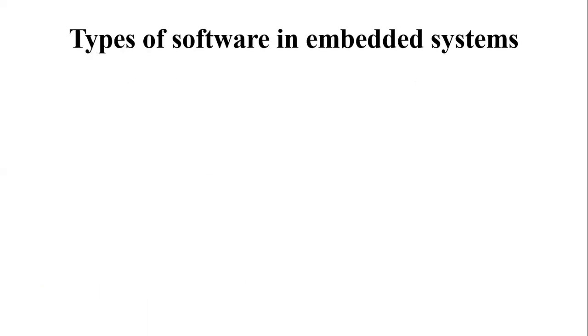And next, the types of software in embedded systems. What are the types? Anyone guess, guys? Anyone know the types of software in an embedded system? Just post in your chat box. What types of software have you observed in your regular class? I think you are already using some software to execute lab tasks.